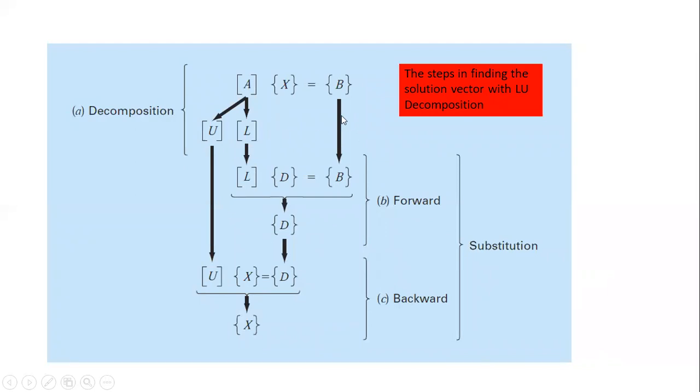That's why we can rewrite this matrix form as L times D equals B. Then going back to letting D equal UX, we can solve for the value of X, which represents the solution for the given system of linear equations.